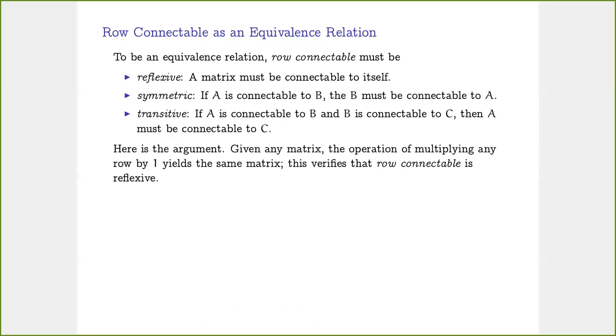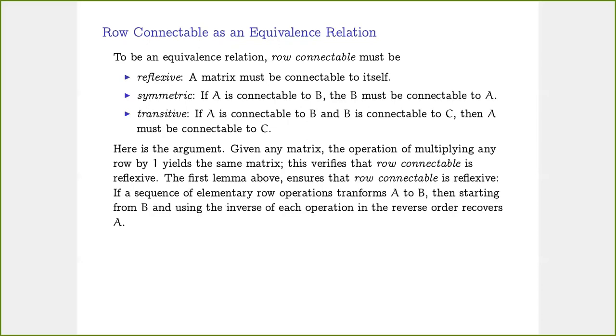Given any matrix, the row operation of multiplying any row by 1 yields the same matrix. This verifies that row connectable is reflexive. Each matrix is connected to itself. The first lemma above, the one about reversible row operations, ensures that row connectable is symmetric.